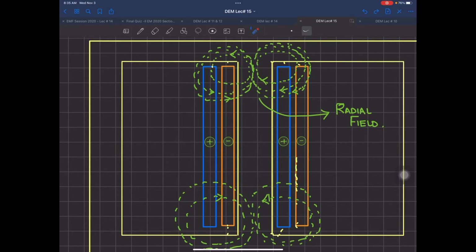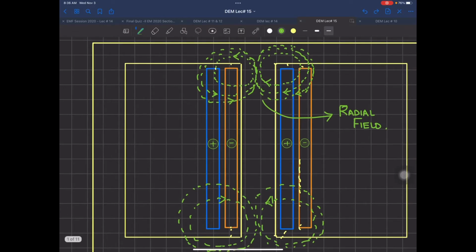This is B, and this is I. So force is exerted downward. So I am going to have the force on this conductor in the downward direction.